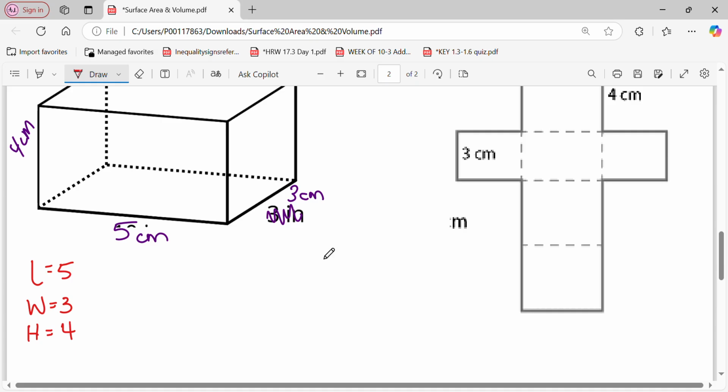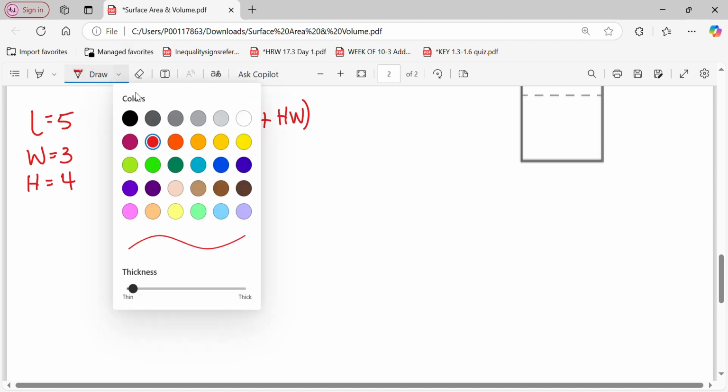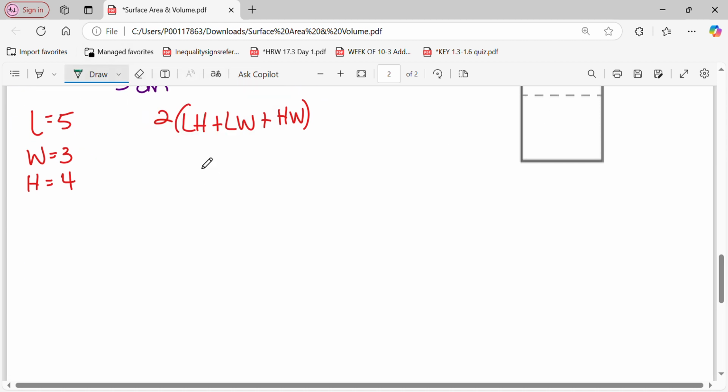And we can solve for our surface area using the formula Liam Hemsworth plus Lil Wayne, and they do their homework 2 times. So starting with my length and my height, I'm going to multiply them together, or 5 times 4, my length times my width, and my height times my width.